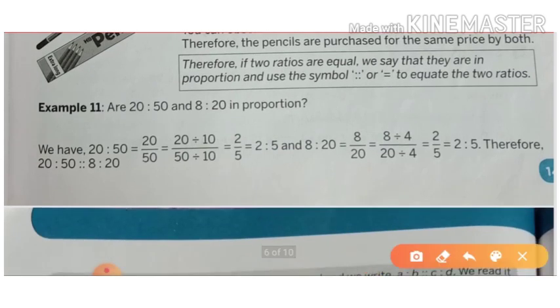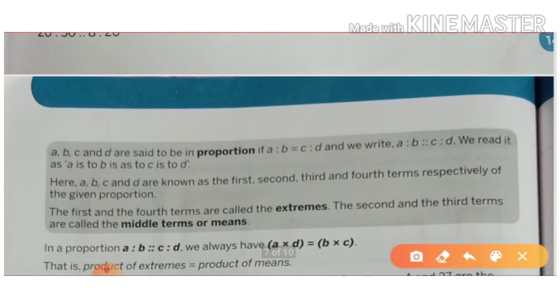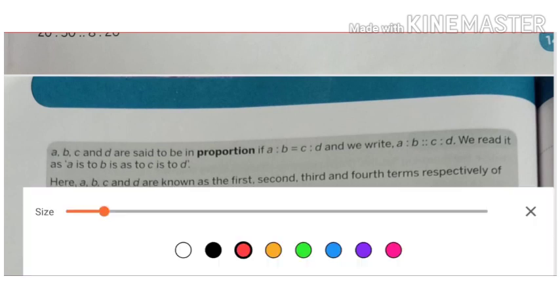See, an example is given here: 20:50 is proportion and 8:20. These two ratios are in proportion. Now if you express this by using ABCD, how do we write?